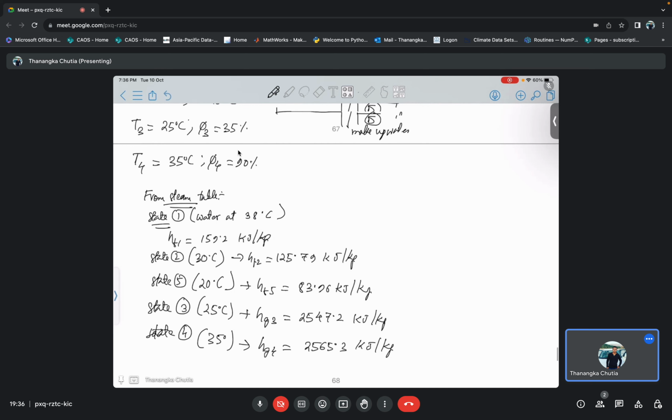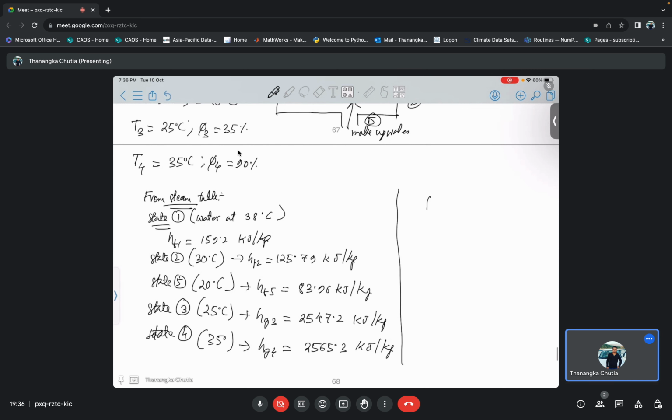So again from the psychrometric chart, what we can find, the wet bulb temperature at state 3 is equal to 16 degrees Celsius and W3 is equal to 0.007 kg per kg of dry air.